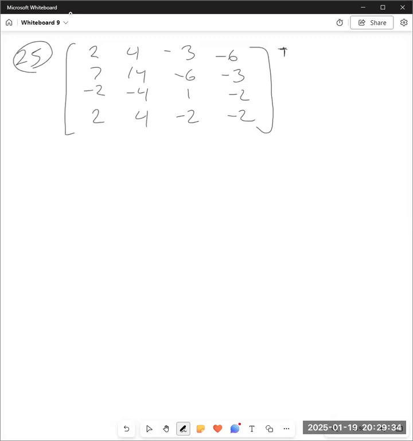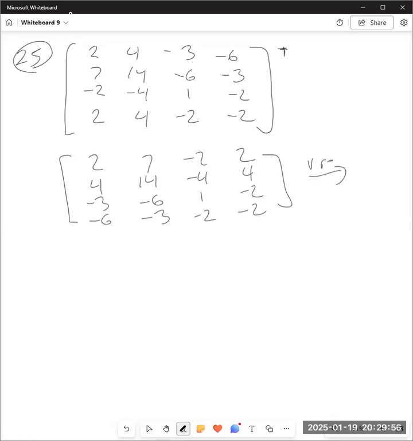So I'm going to transpose this and get 2, 7, -2, 2, 4, 14, -4, 4, -3, -6, 1, -2, -6, -3, -2, -2.